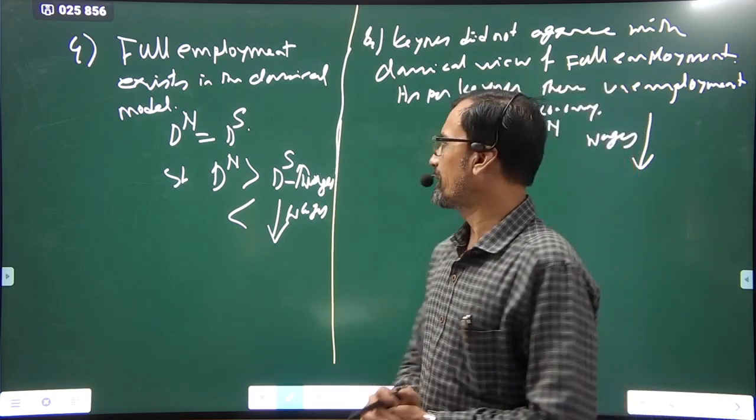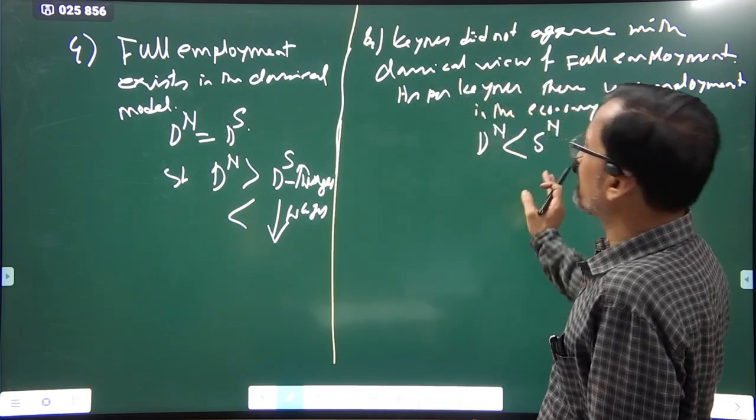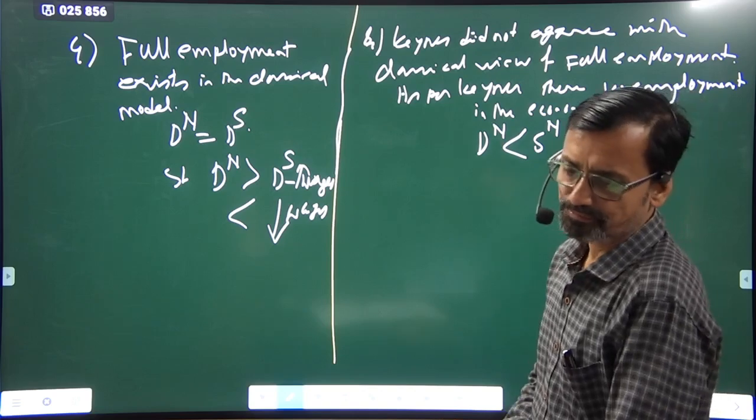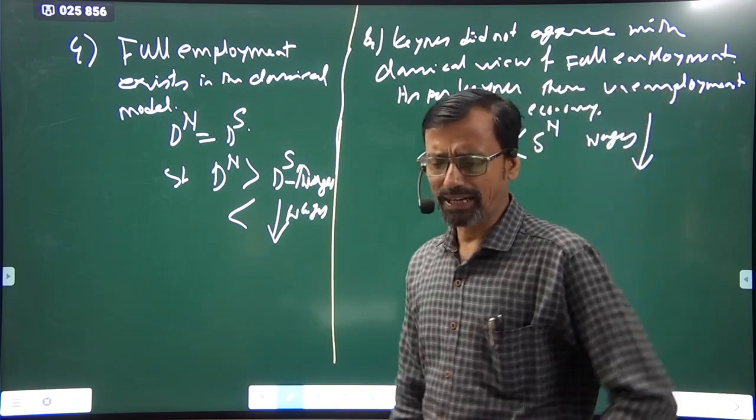This is another fundamental difference between the classical and Keynesian. Now come to another point.